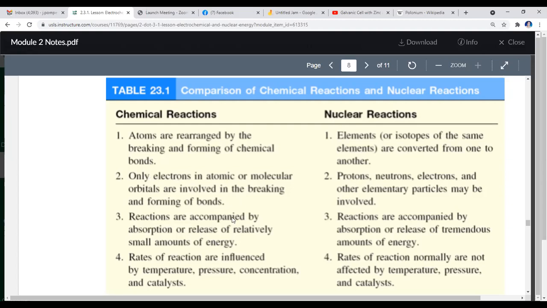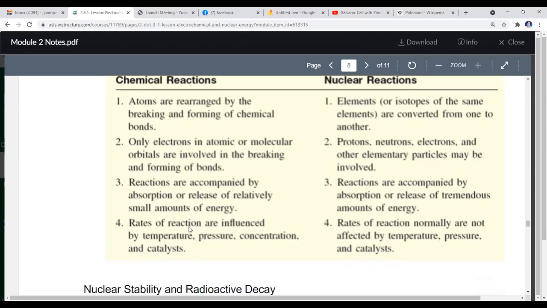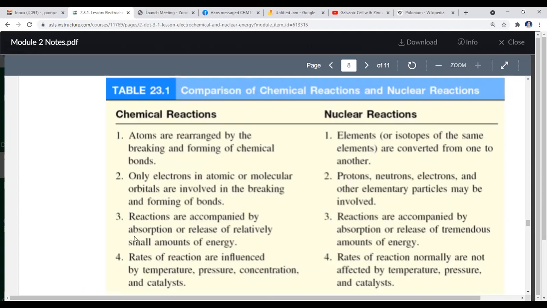Now, reactions are accompanied in this case by absorption or release of relatively small amounts of energy. This is in the case of the usual reactions that we're talking about. The energies needed for the reaction to occur or the energies released in the process of the reactions are small amounts. That is why scientists are already harnessing the energy produced when you break an atom, because that's a tremendous amount of energy.